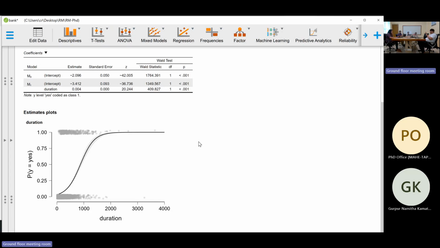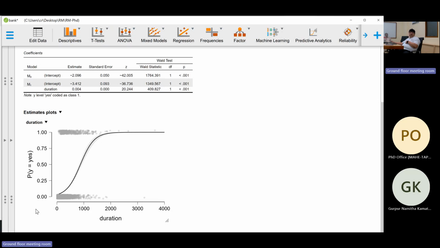As per this equation, the y level yes is coded as class 1, which means the other one is class 0.